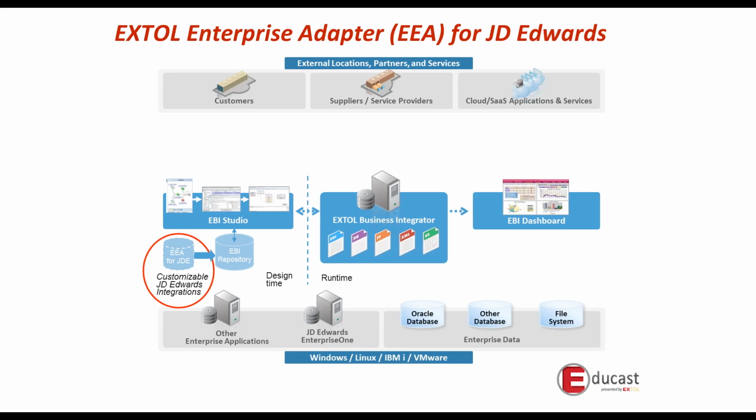Now let me make one more important point before we talk about how you use the EEA for JDE product. If you need to create integrations for Edifact or XML or flat files or other cases that are not included in the EEA for JDE objects, you can do that by using the native standards and document syntax support that's built into Extol Business Integrator.